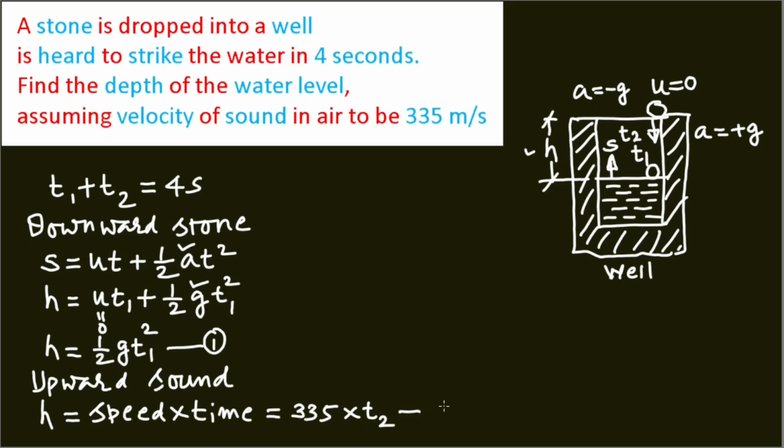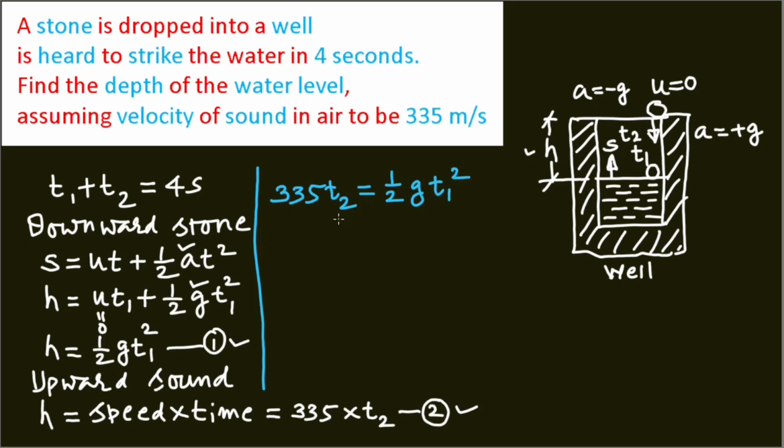We name this equation 2. Now from equation 1 and 2 we write the value of h as 335 t2 equals half g t1 square. In place of t2 we will write 4 minus t1.